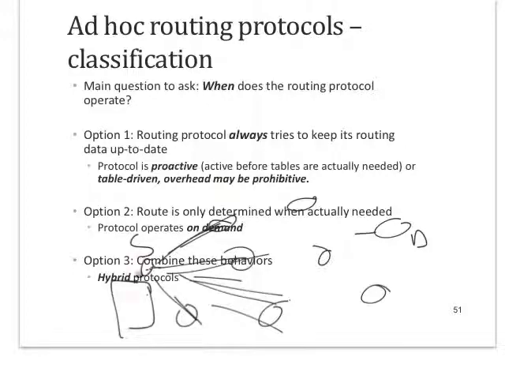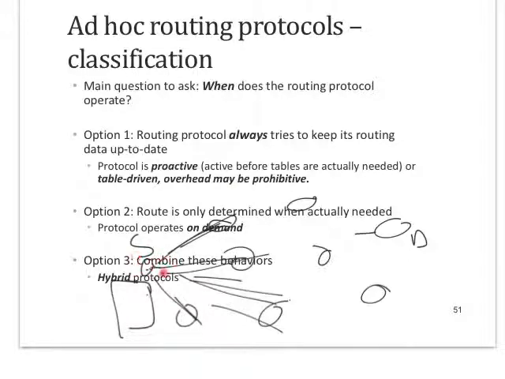Because this waiting might be maybe 10 seconds or something, which affects the quality of service of the application. Because the packets are going to stay here for maybe a long time. We don't know until the end-to-end path is established. This is the second option. But the first option is to say, let's just be proactive.